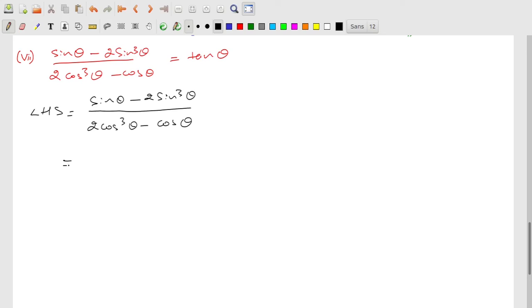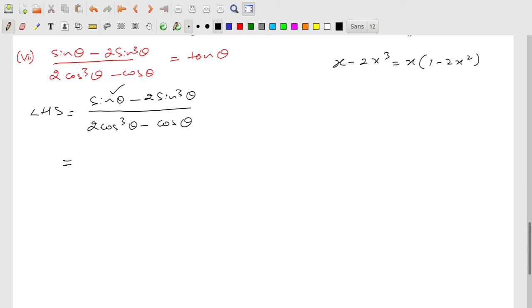So what would be your first step here? Now we can't use any identities here because we have cube terms. We don't have any identity for sin cube or cos cube. So better take the common. Sin theta and sin cube theta you can take common. See here, if I write x minus 2x cube, then this can be written as x common, 1 minus 2x square.